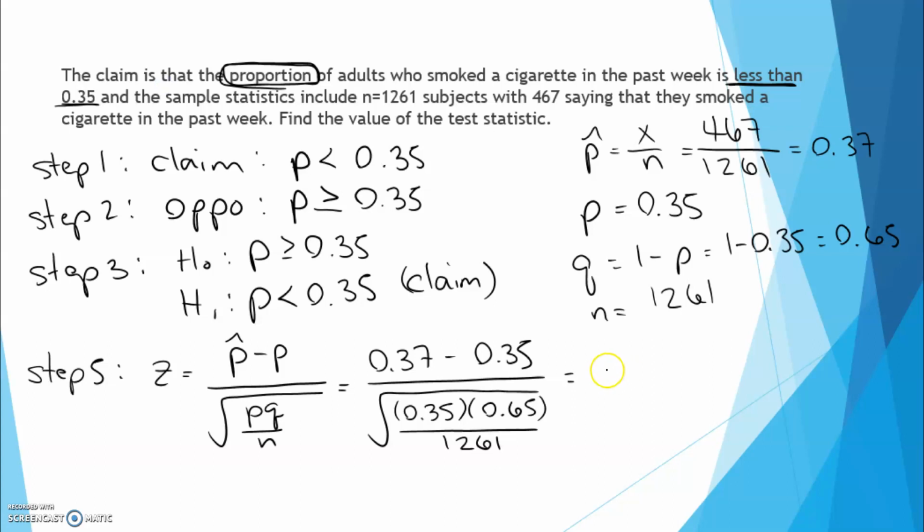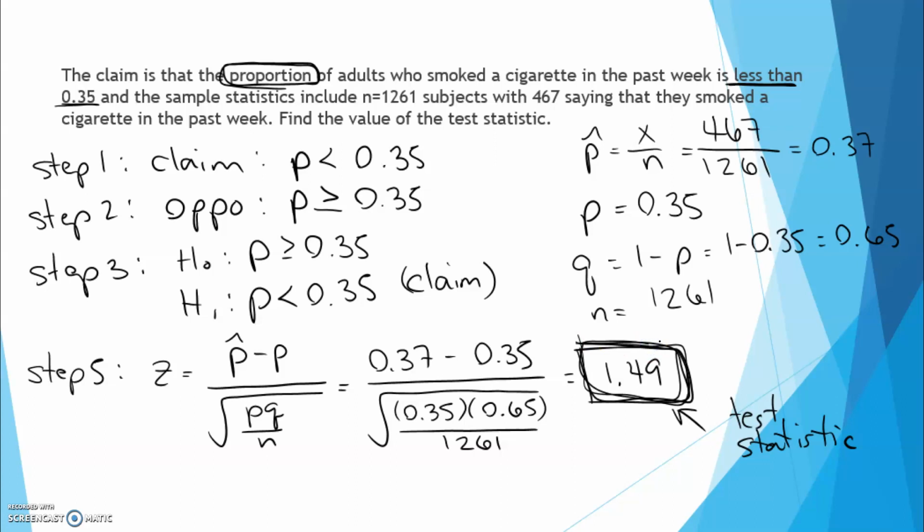Now this should give me 1.49. Okay, this right here, this is what we call your test statistic. Which again, this number is used to help us make a decision about what do we need to do with H sub 0. Do we fail to reject or do we reject it?